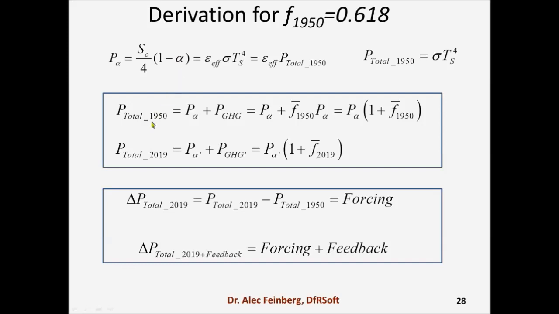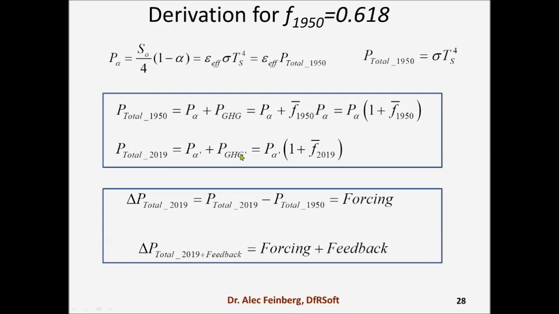Let's make sense of this from our equations that we're familiar with. We have the 1950 equation with our familiar 61.8 re-radiation value. Now we want to try to keep things similar, so the easiest way to do that is in 2019 we're going to add primes for the P total in 2019.